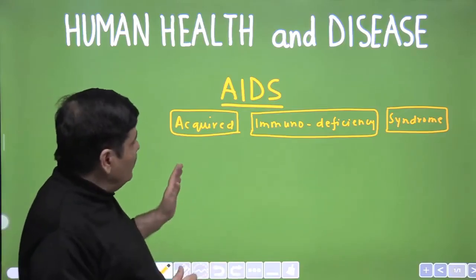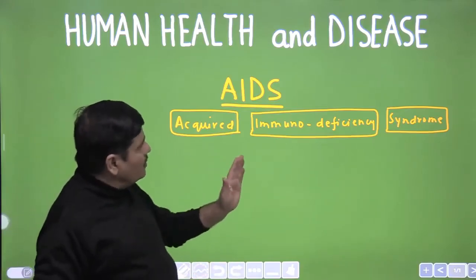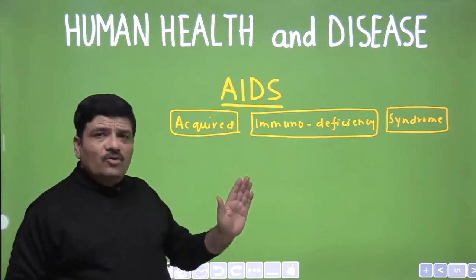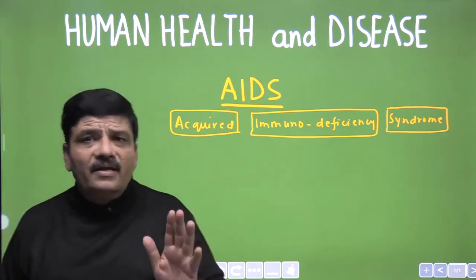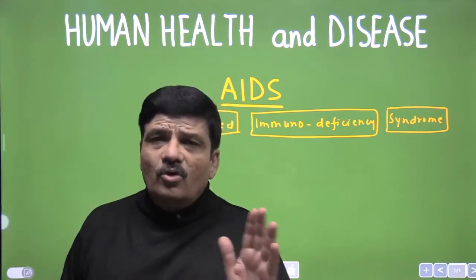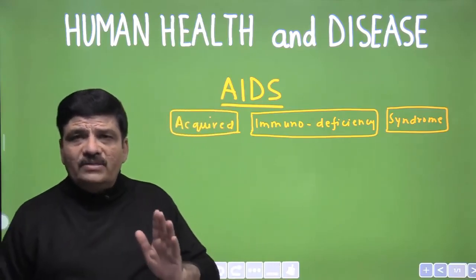If you are looking at the timeline, the first case of acquired immunodeficiency syndrome came to light in 1980-81. We are talking about Los Angeles, USA.